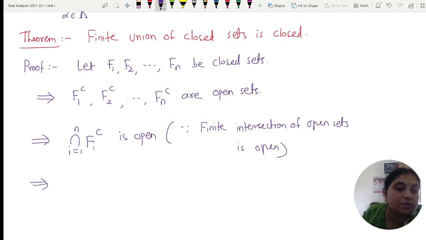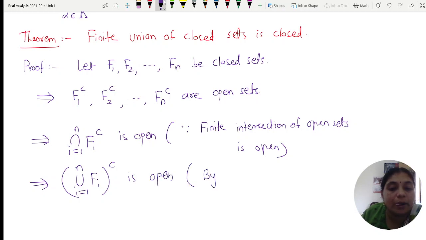Now, what does this imply? The union over i equal to 1 to n of Fi has an open complement by De Morgan's law. I have used De Morgan's law, right?